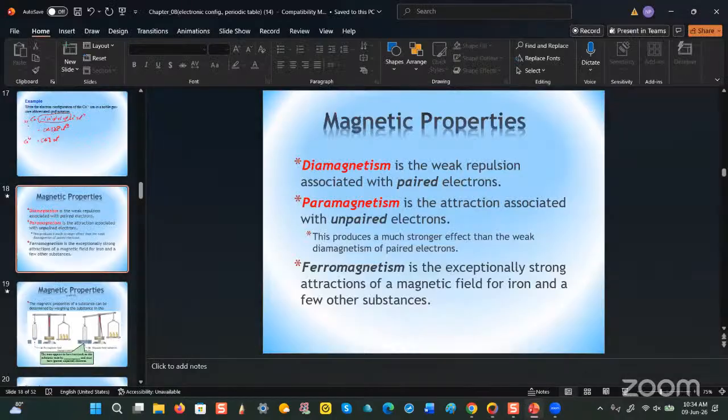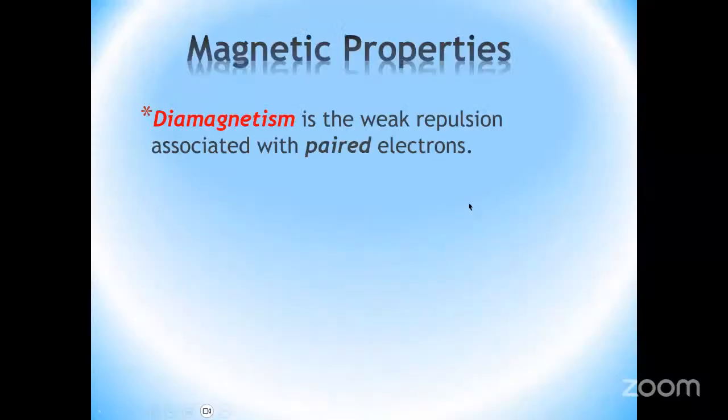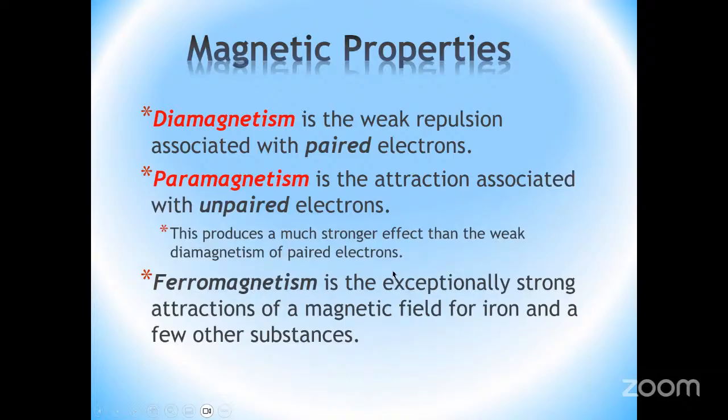All right. What we're going to look at are some properties which are directly related to the electron configuration of the atom. One of them is magnetic properties. Let's talk about the different types of magnetic properties that can be displayed by elements. You have diamagnetism, which is the weak repulsion associated with structures that have paired electrons. You have paramagnetism, which is the attraction associated with structures that have unpaired electrons.